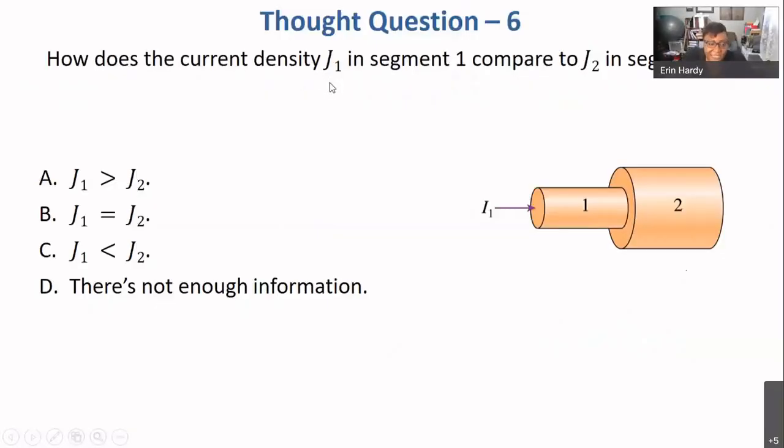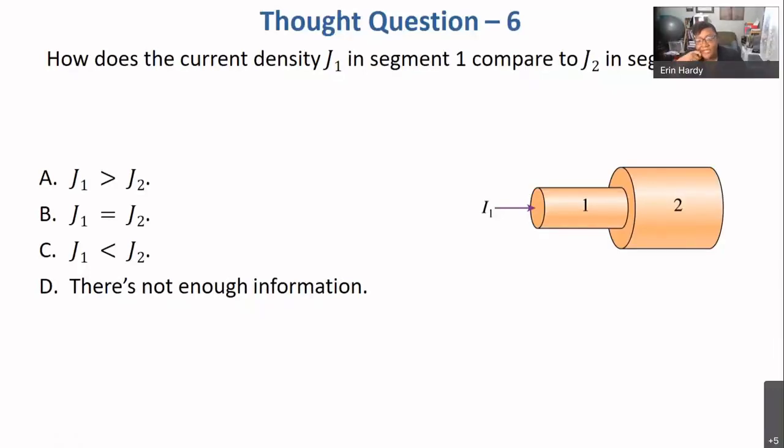So next, the current density. I can describe the current density for this first wire segment, J1, and compare it to J2. I know these are not going to be equal anymore because the cross-sectional areas are not equal. So I can eliminate D because we do have enough information. I can eliminate B because I know it's not a tie.